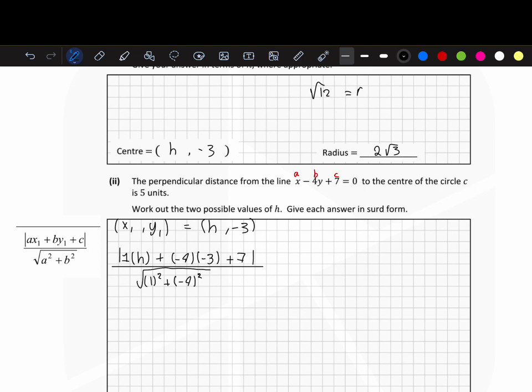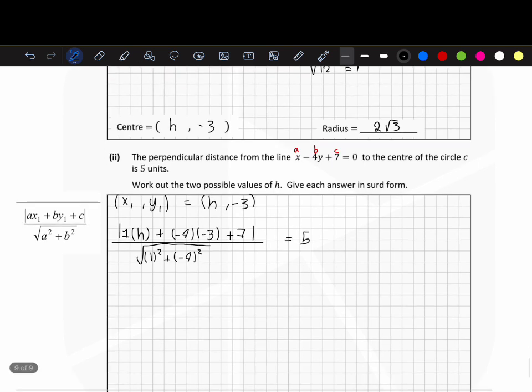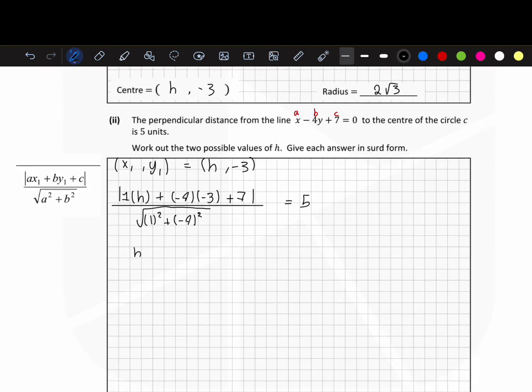And this has to equal 5 units. So if we simplify this, we're going to get h plus 12 plus 7, so h plus 19, all over the square root of 17, and it's going to be equal to 5.